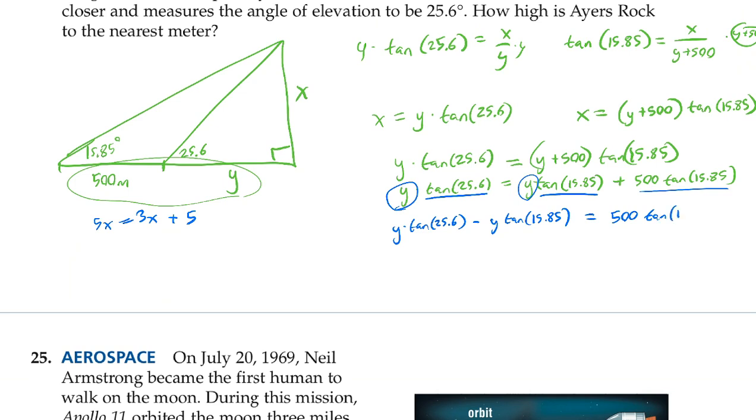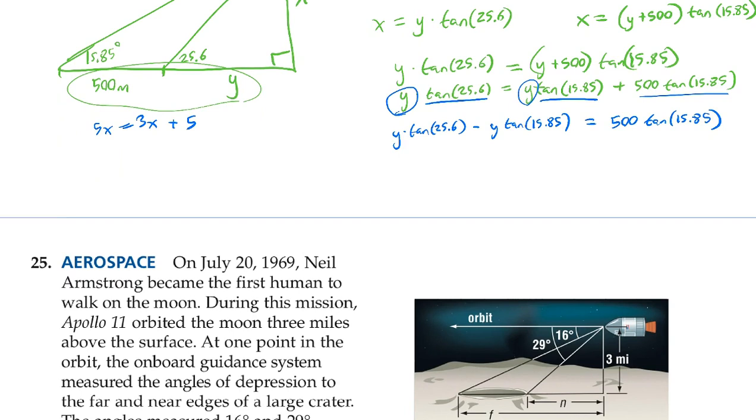You could have plugged this in and been dealing with decimals, but you shouldn't round in the middle of a problem. So factoring out the y, now I have y times this number, tangent 25.6 minus tangent 15.85, equals a number.